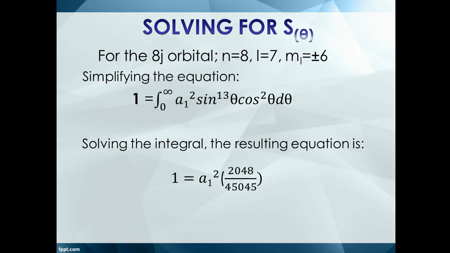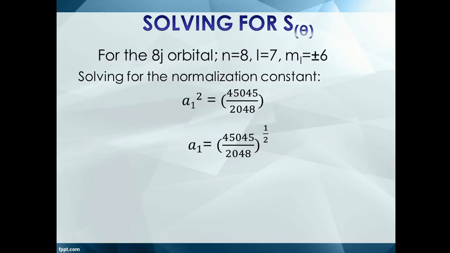Using the calculator, we can solve for the integral, and the resulting equation will be 1 is equal to a1 squared times 2048 all over 45,045. So, solving for the normalization constant, a1 squared is equal to 45,045 all over 2048.